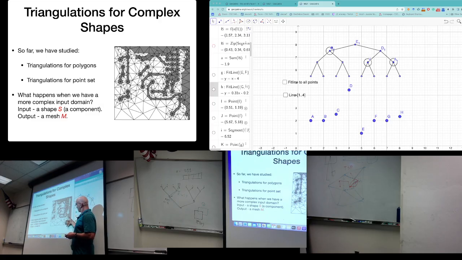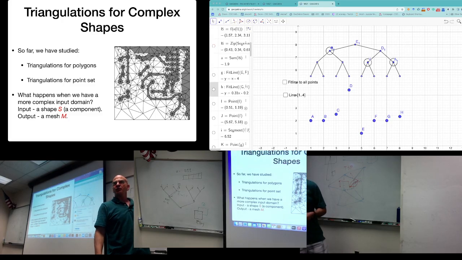The original shape is very complicated, but now I break it into triangles, hopefully not too many of them. I don't insist that all the triangles are the same size. Quite the opposite. Triangles in very complex regions or very close to the edges are tiny, because there are a lot of changes in the shape right there. Triangles that are far away from the shape can be much larger and still give me a good enough approximation.